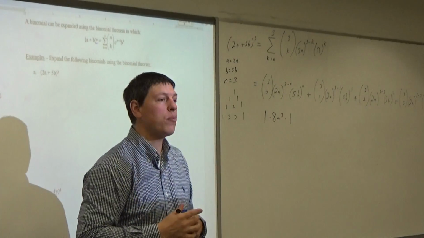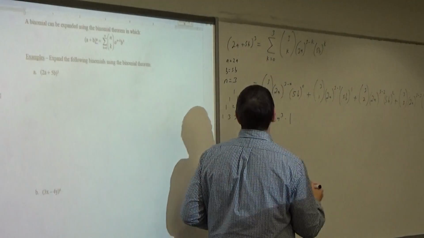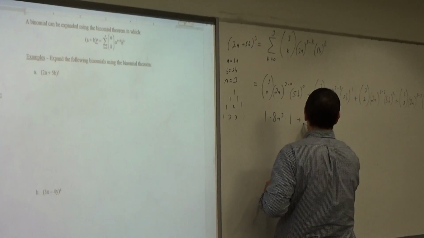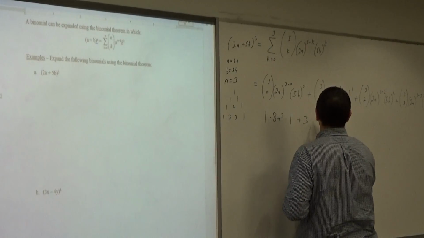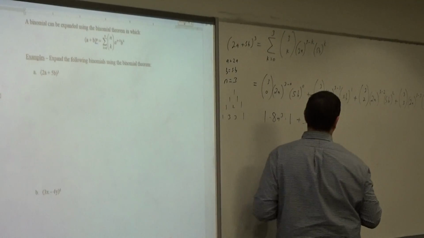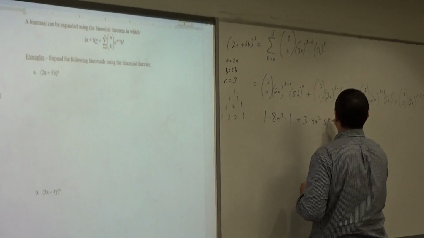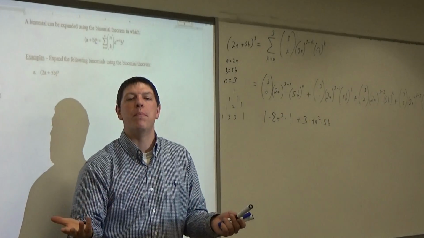Does that make sense to everybody, guys? Just basic evaluation. For the second term, we know what 3 combination 1 is. 3 combination 1 is 3. 2a quantity squared now is going to be 4a squared. And then 5b to the first, that's just going to be 5b. So that's our second term. We're going to clean this up in a minute.